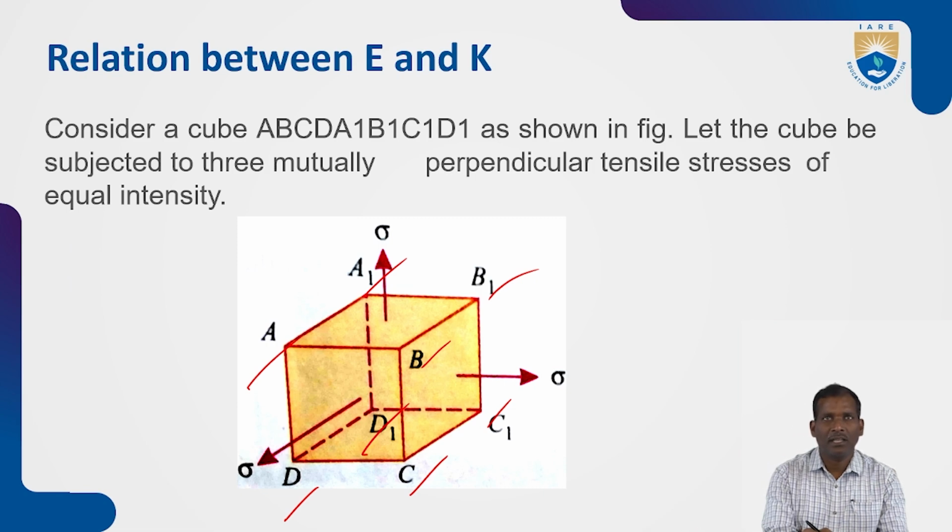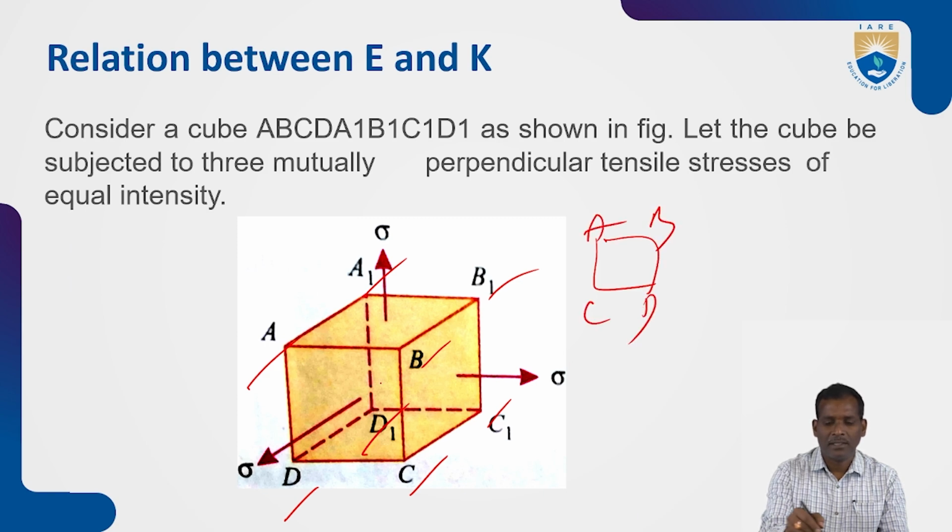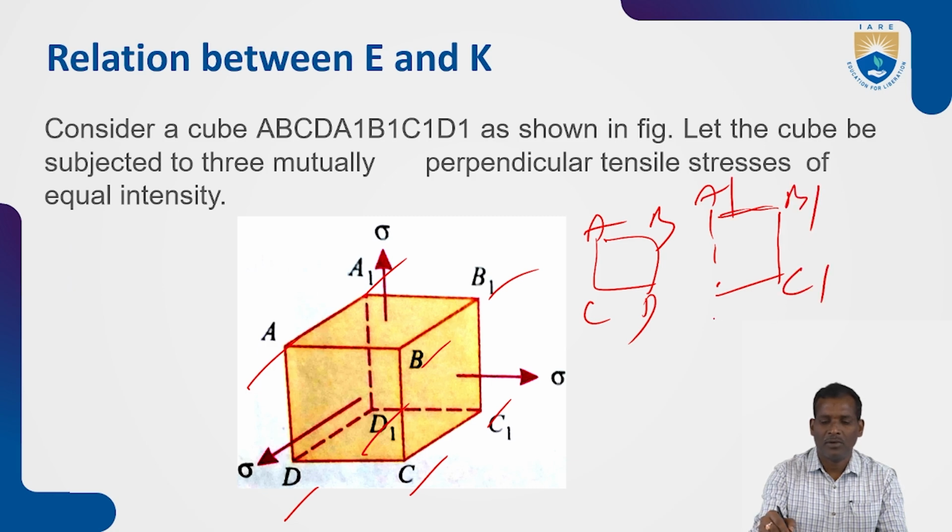So ABCD is one surface, and another one, the backside surface, is A1, B1, C1 and D1.